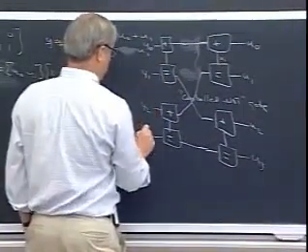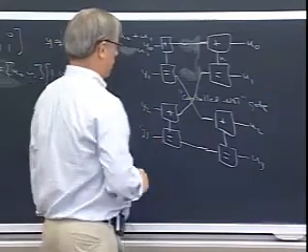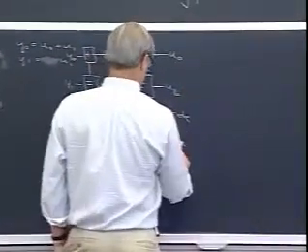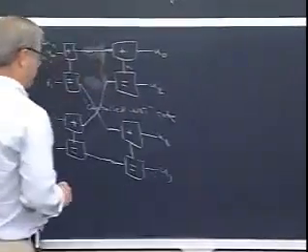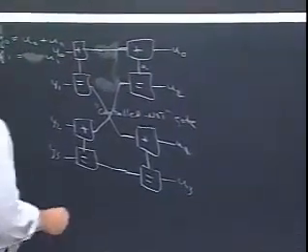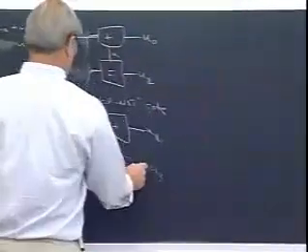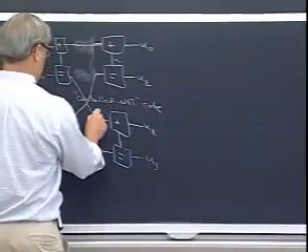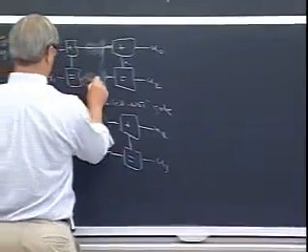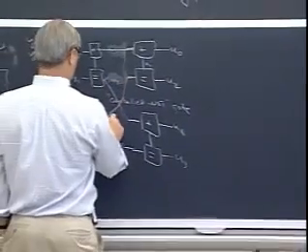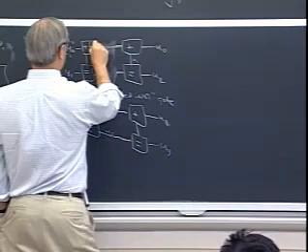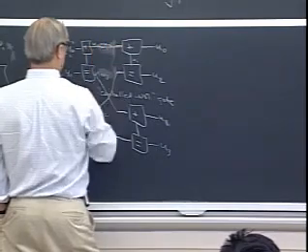And why not? Y0, Y1, Y2, Y3. Now, probably this should be U2, and this should be U1, just from the way these work. And if we do that, we get what? This is U3. This is U1 plus U3. This is U2. This is U0 plus U2.